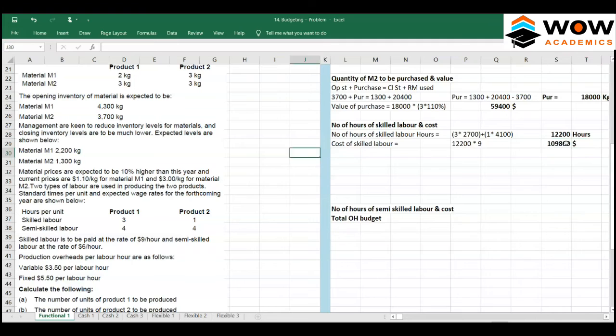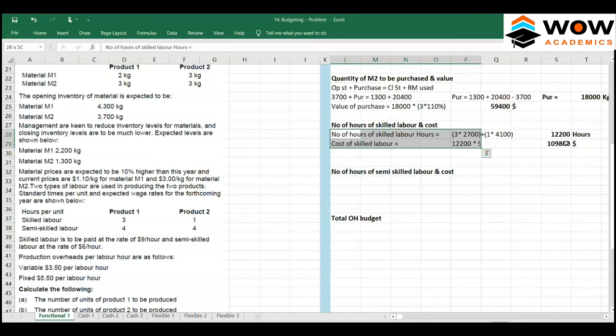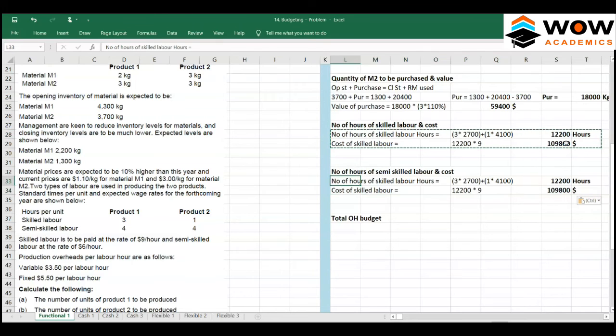So similar working will also be done for semi-skilled. We can just copy, paste, and alter this. Sorry, it is semi-skilled.